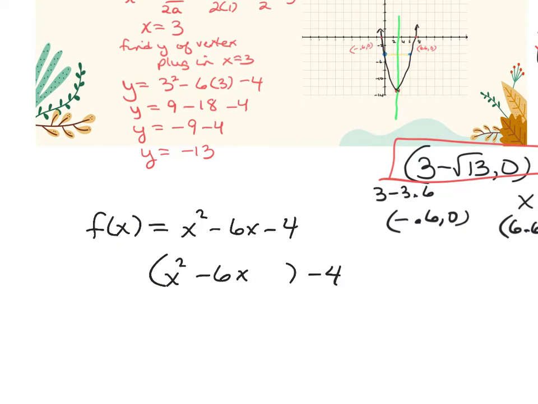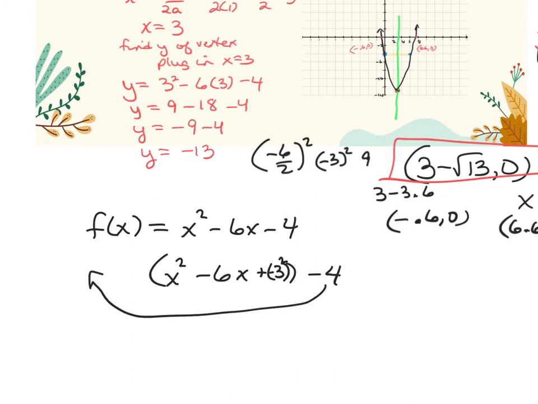Then you take the b term, divide it by 2, and square it. Gives you negative 3 squared, and I'm going to be adding 9 to make this a perfect square. But remember, what I added was I put it in here like this instead of putting plus 9. Now, technically, when we completed the square, we were supposed to move this constant over to the other side of the equal sign.